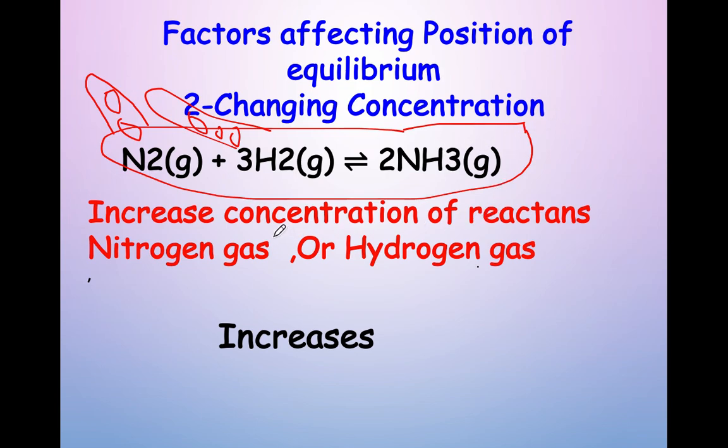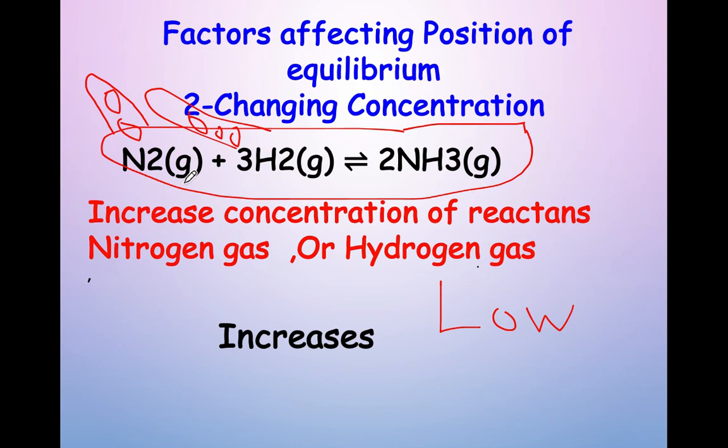I will start. If I increase the concentration of the reactants, either nitrogen or hydrogen, what will happen? As I told you, Le Chatelier's principle says that it will oppose the action. So if we increase the concentration, it will go to the low concentration. Where is the low concentration of nitrogen and hydrogen?